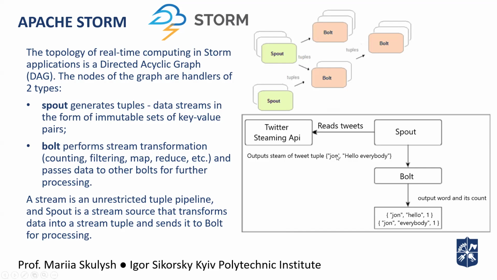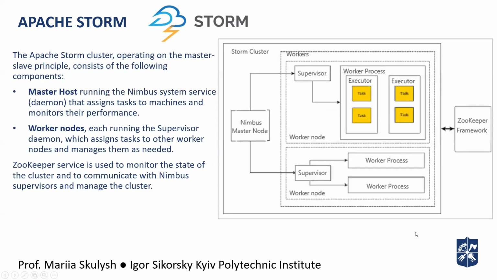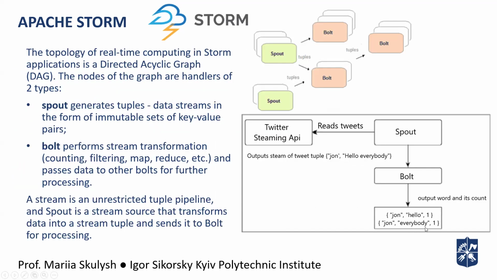For example, John says, hello everybody. So what do we receive in the outcome? What is the outcome of the bolt? The outcome of the bolt is, for example, parsing hello and everybody. So John says hello, and John says everybody.